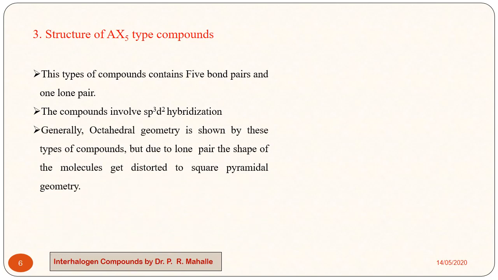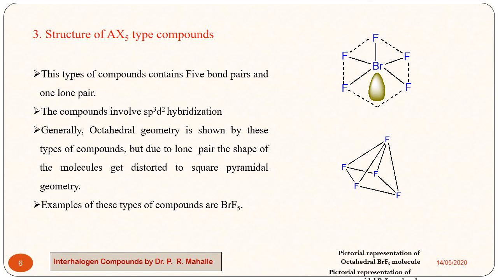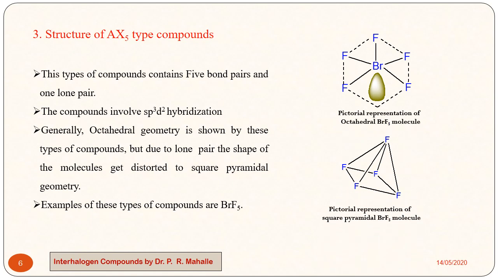As the hybridization is sp3d2, octahedral geometry is expected for these types of compounds, but due to the presence of a lone pair of electrons, the molecule gets distorted and the geometry appears as square pyramidal. An example of this type of compound is BrF5. We can see here the pictorial representation of octahedral and square pyramidal geometry of the BrF5 molecule.